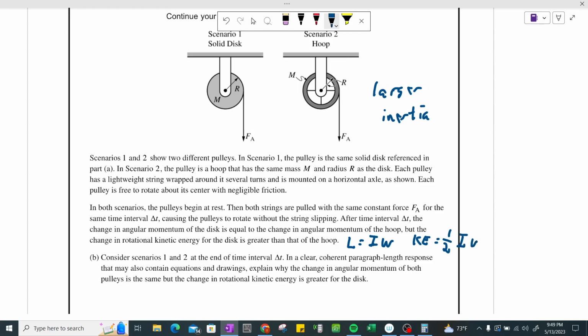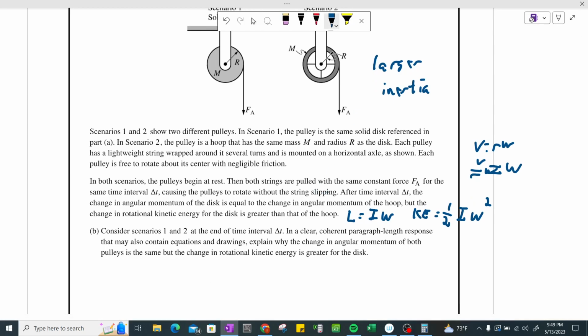Our v is replaced with omega. And we'll just write it this way. We could also write it as omega being v over r if we wanted to. Because if v equals r omega, I could say v over r is omega, which could be useful here. I don't know that we need to, but it could be helpful.